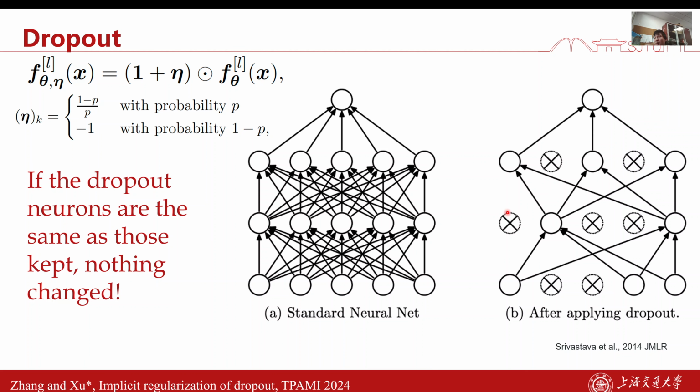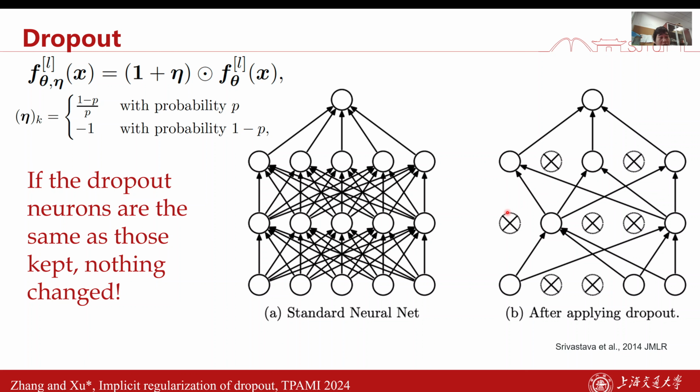But in another training step, these dropout neurons will be selected randomly again. So now consider it this way: if you have some neurons masked, then the output of the network will definitely be smaller, right?